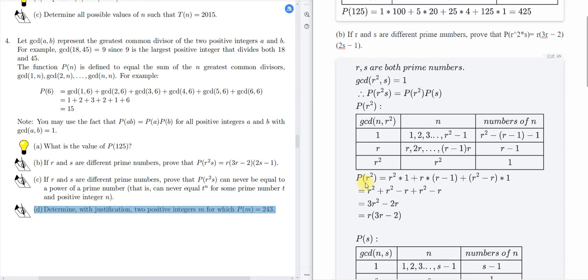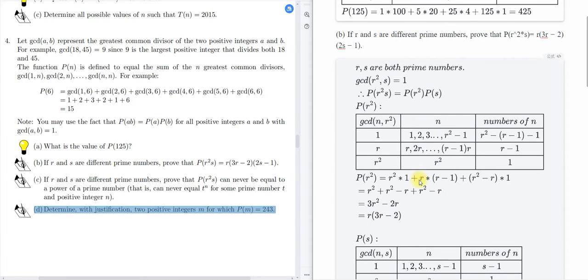And we get P(R squared) equals R squared times 1, R times (R minus 1), and this is times 1. So we simplify it, we get R times (3R minus 2). So P(R squared) equals R times (3R minus 2).